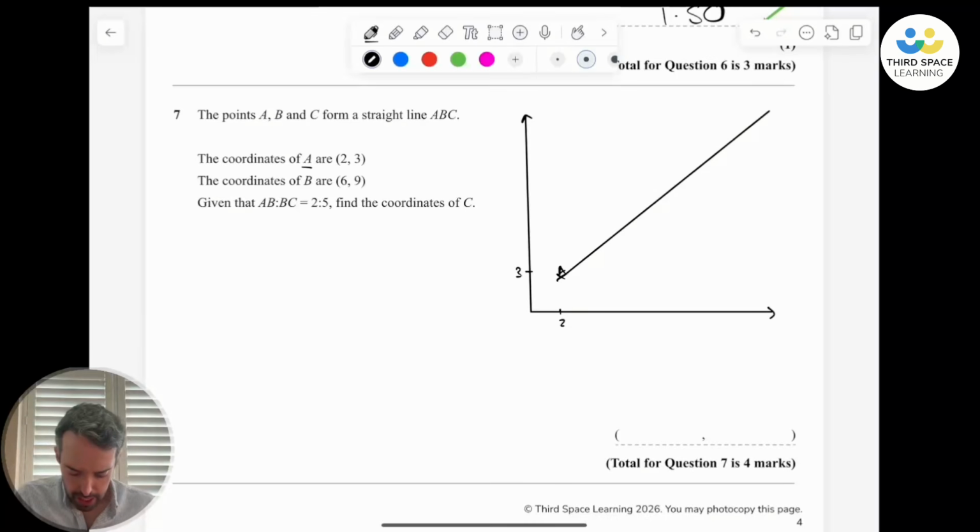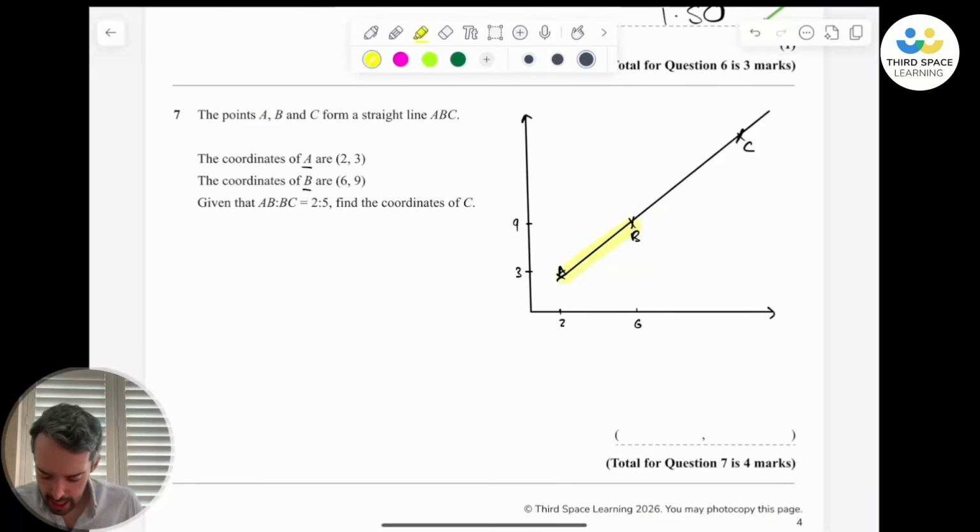So if that's A, B is at 6, 9. So let's put B about there. There. And B is at 6, 9. And then let's have C somewhere up here, because we know that the distance from A to B, that's 2 parts, and then from B to C, that's 5 parts.